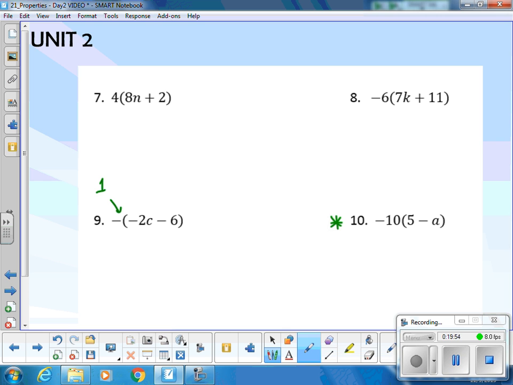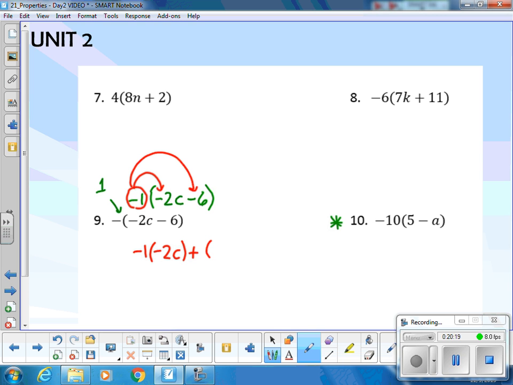So if we rewrite this as -1 times (-2c - 6). Now I'm going to take that -1, and I'm going to multiply it times -2c. A negative times a negative.